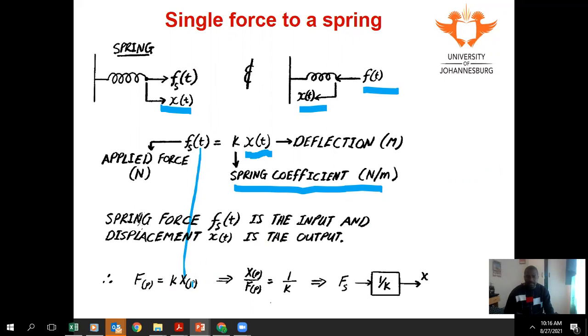We multiply both sides by X of p. We're going to get that, which now means the input, which is the force, being transferred by this to make the displacement. So that's how we translate the input force of a spring to become a displacement of a spring. There is that relation.